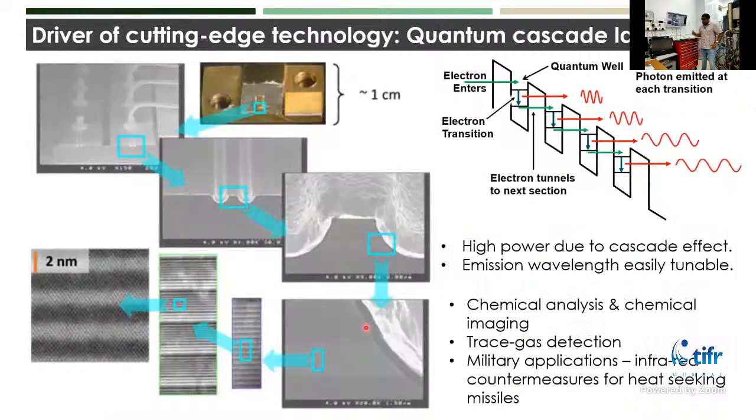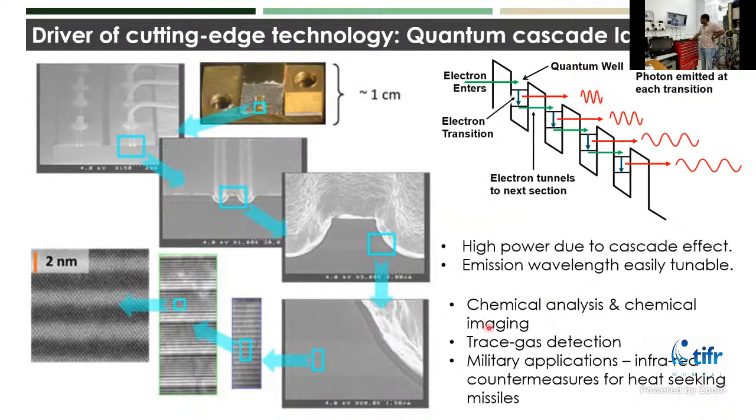Now, in terms of the technology, you might have heard of the quantum cascade laser. It's okay if you have not heard about it. These are lasers which are easily tunable, and you can create a very high power laser out of them, and they have a lot of applications.